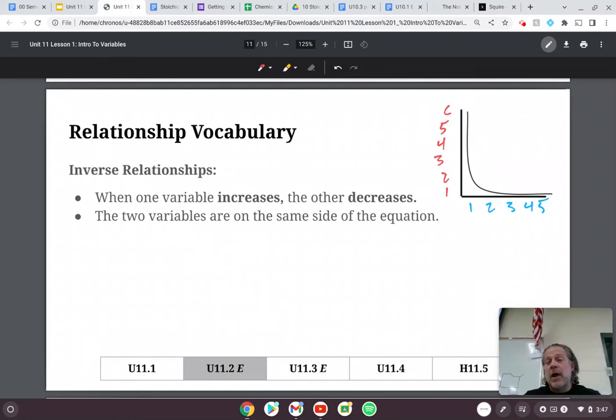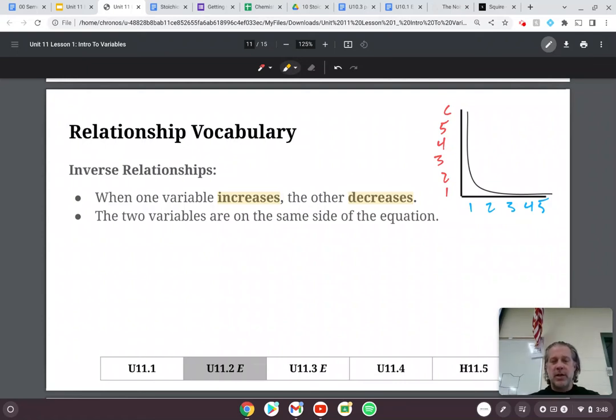Looking at this graph, my initial data point is way up at 6 and 1. Then as the x-axis values get bigger, the y-axis values get smaller. So this is an example of when one variable increases and the other variable decreases.